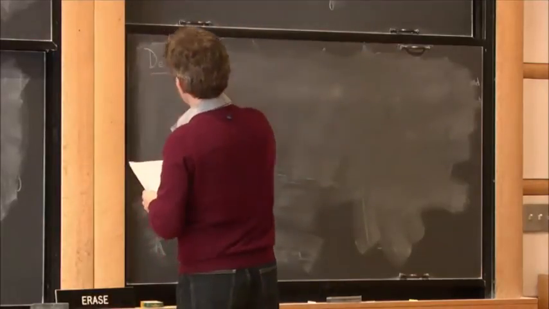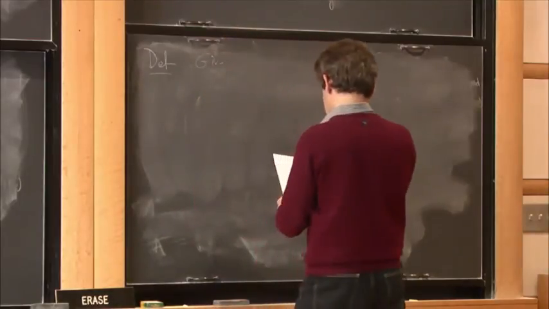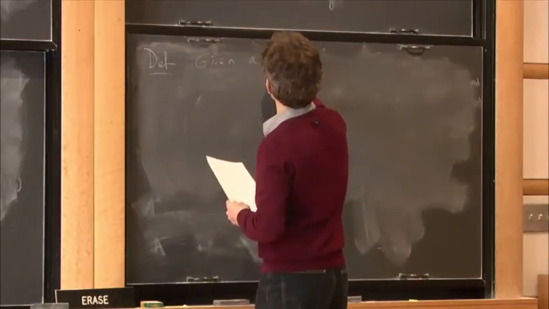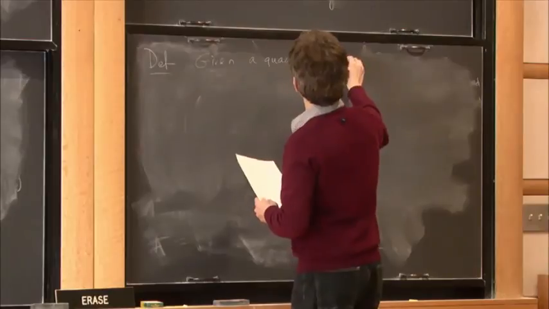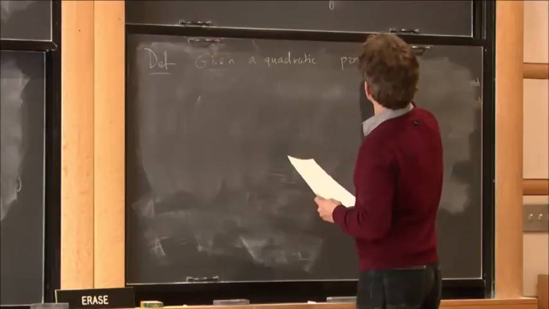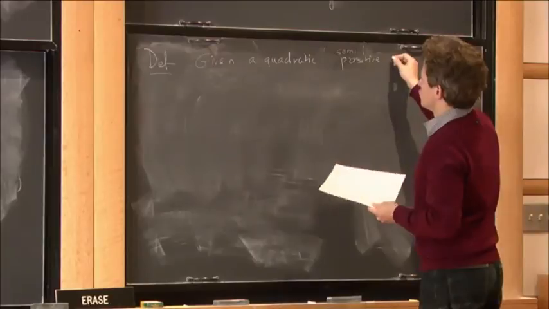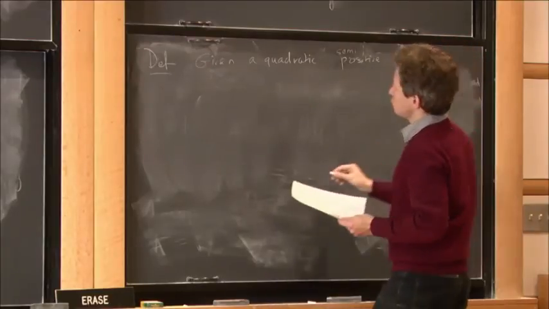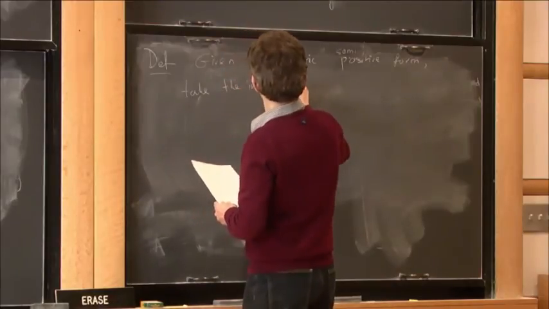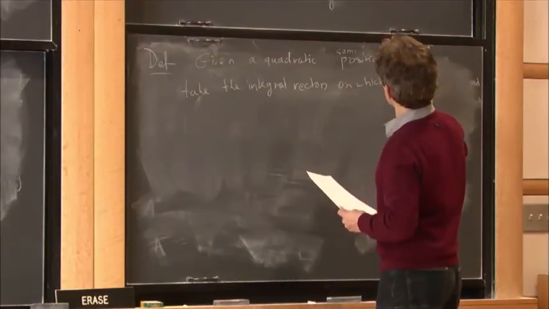Definition. Given a semi-positive definite quadratic form, let's be careful, take the integral vectors on which it's minimal.